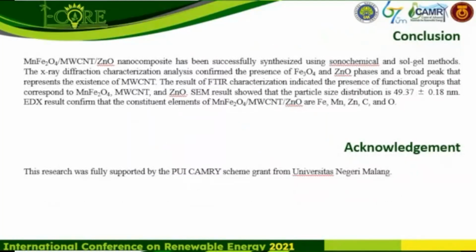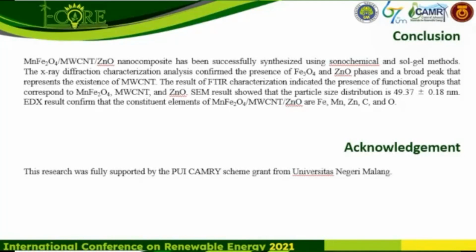That's why we can conclude that the manganese ferrite multiwalled carbon nanotube zinc oxide nanocomposite has been successfully synthesized using sonochemical and sol-gel methods. The X-ray diffraction characterization analysis confirmed the presence of magnetite and zinc oxide phases and a broad peak that represents the existence of multiwalled carbon nanotubes. The result of FTIR characterization indicates the presence of functional groups that correspond to manganese ferrite, multiwalled carbon nanotubes, and zinc oxide.